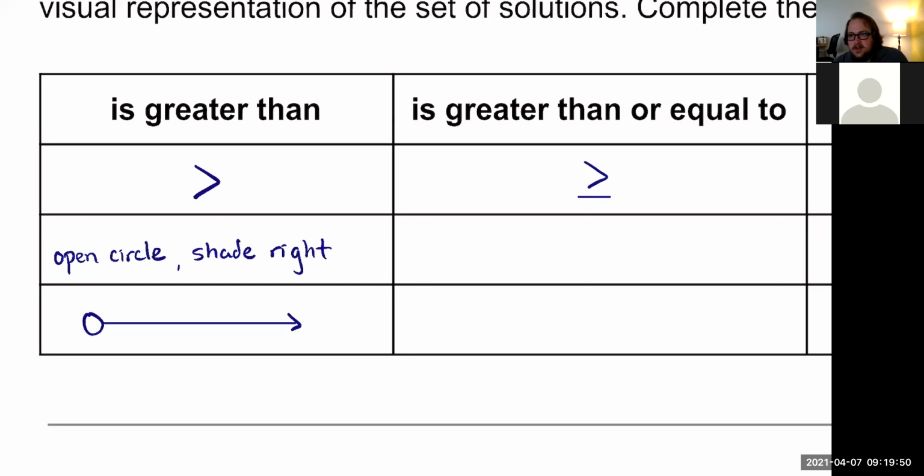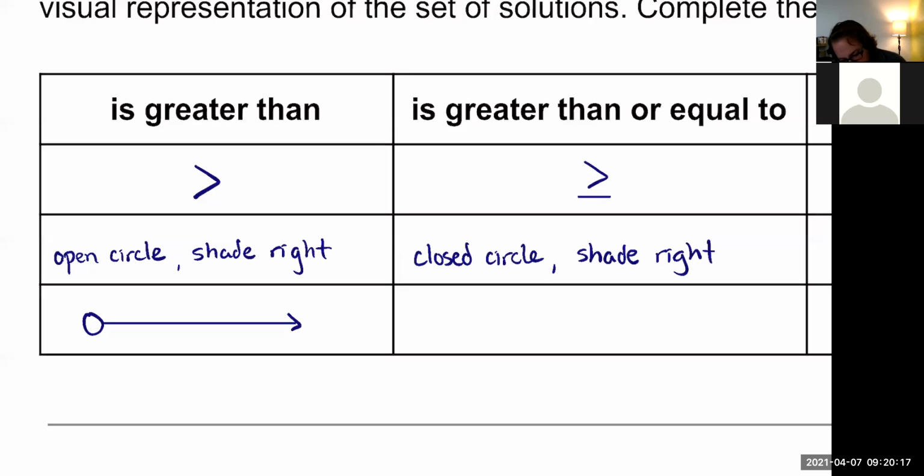Now, as for the is greater than or equal to symbol, very, very similar, except the difference is that the equal to part says you're also going to include where you start. And visibly, the way we represent that is that we use a closed circle, but we're still going to shade to the right, because the right is where the numbers become greater.